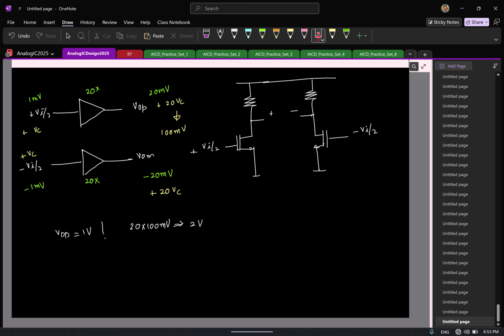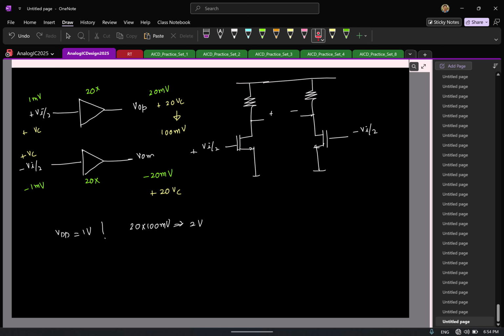This is one main problem, and it is happening because my current amplifier is responding the same way to both my actual differential signal as well as to my common mode signal. In other words, what can you say about the common mode and the differential mode gain here? Both are the same. There is no differentiation between whether this is a common mode or a differential mode signal.